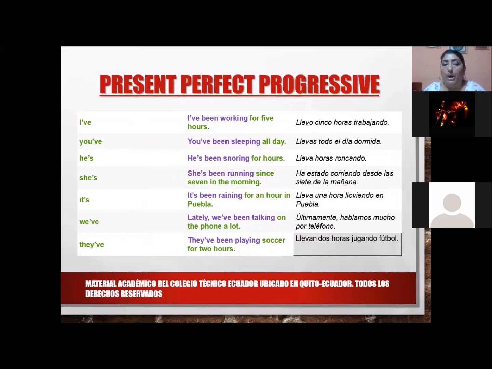In the left part, we have the contraction. Remember what is the contraction? The contraction is when we join, I have. Look, what is the contraction of I have?